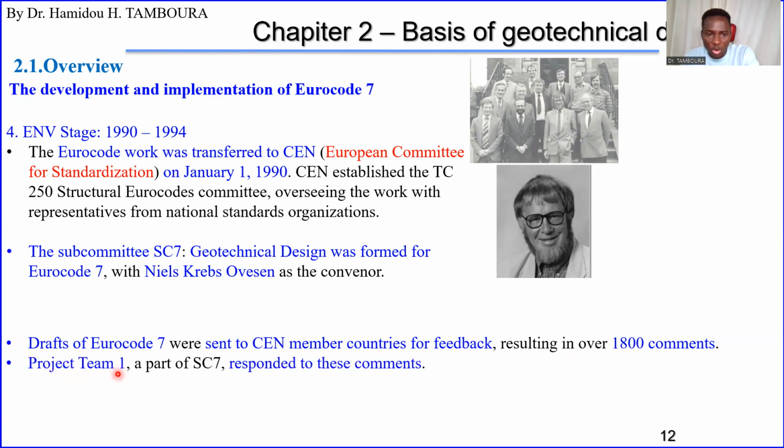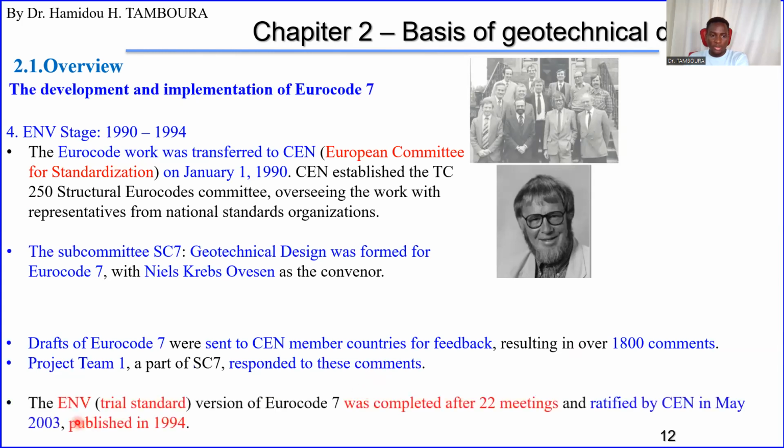And a project team 1, part of this subcommittee, responded to all these comments. They tried to answer the comments. And then a trial standard version of Eurocode 7 was completed after 22 meetings and ratified by CEN, and was published in 1994.